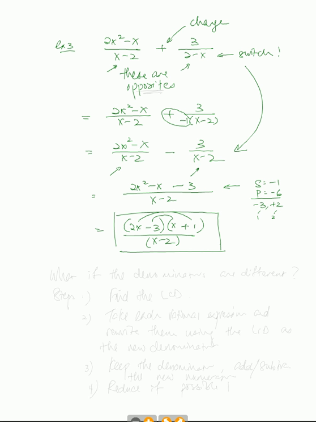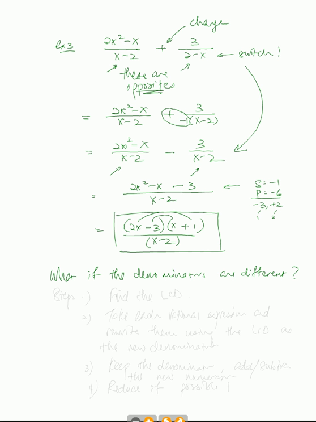Okay, so the big question is, what if the denominators are different? So what happens is, you notice in example 3, the denominators are different sort of, but they are really opposites. So I can apply this little trick where I switch them around and I change the sign.